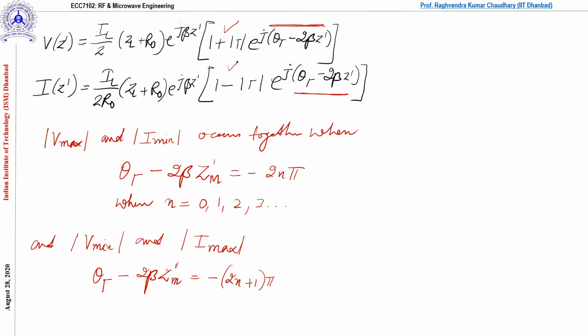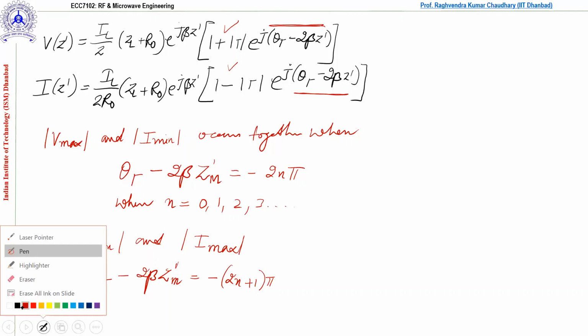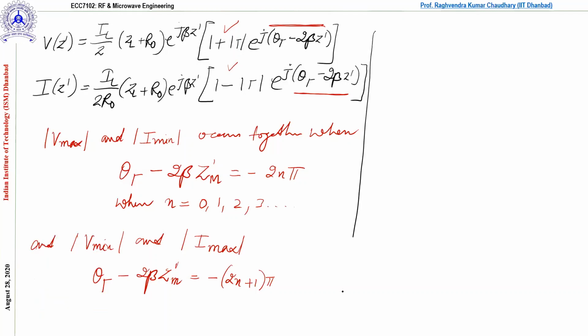And how are we defining it? We define VSWR as the ratio of Vmax over Vmin.